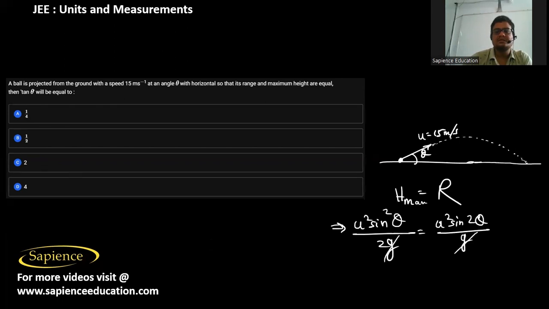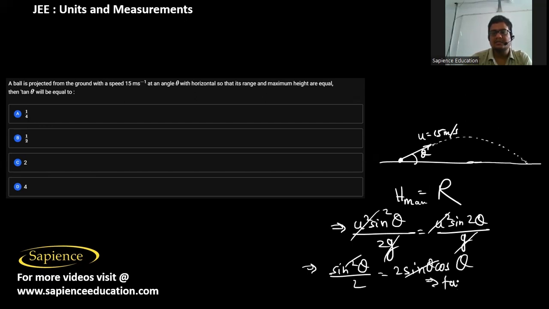So g and g will cancel, u square will cancel. So then we will get sine square theta by 2 is equal to 2 sine theta cos theta. So sine theta will cancel. So then we'll get tan theta is equal to 4. So then tan theta will be equal to 4. So option D is the correct answer.